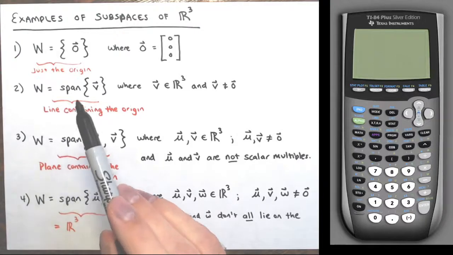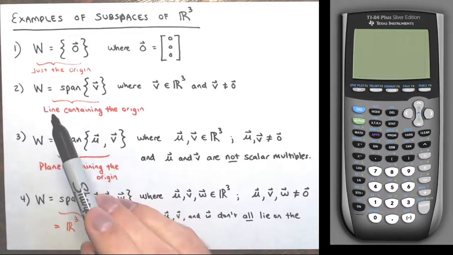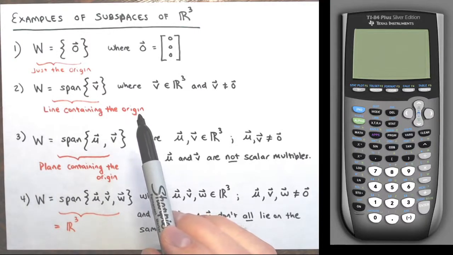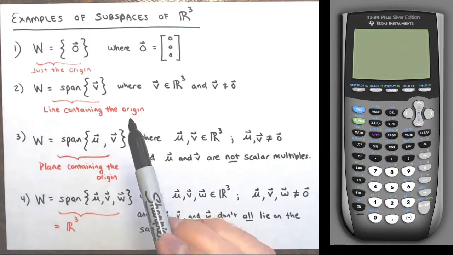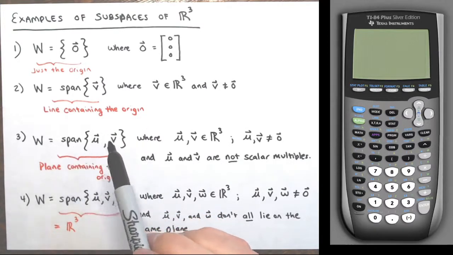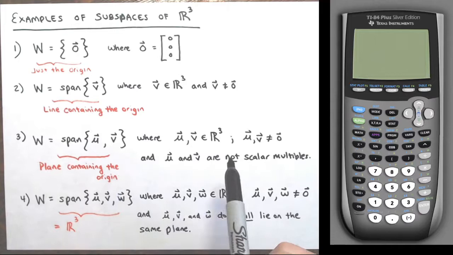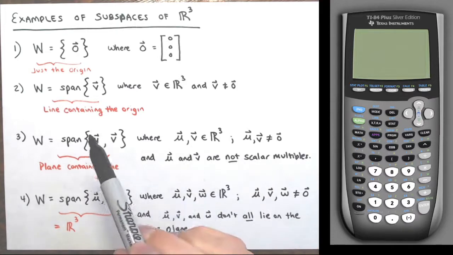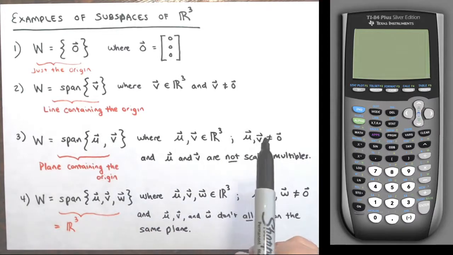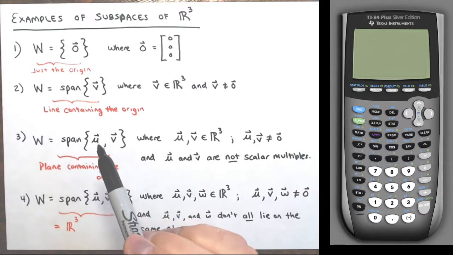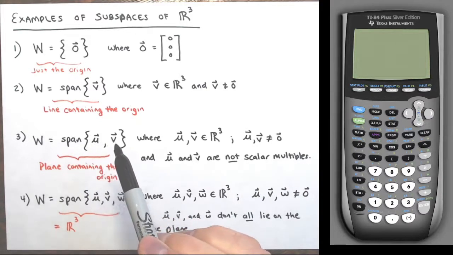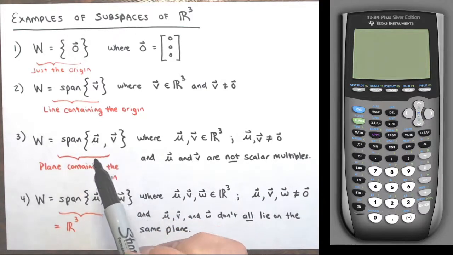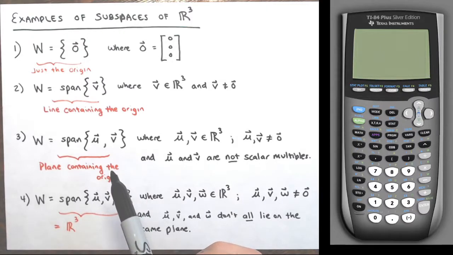The points those end at form a line containing the origin in 3D space. And also the span of any 2 non-zero vectors that aren't scalar multiples of each other, the set of all linear combinations of U and V, gives you a plane containing the origin. It especially has to contain the origin.